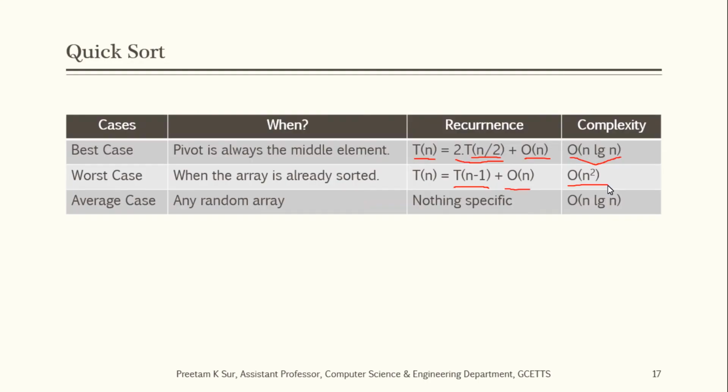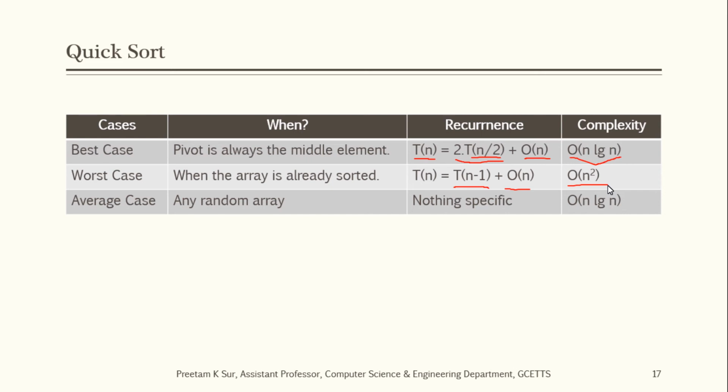Which I have already shown you in the design and analysis of algorithm course, right? So you can use those kinds of analysis to find out that the time complexity of the average case is nothing but order of n log n. So this is the time complexity for the quicksort.